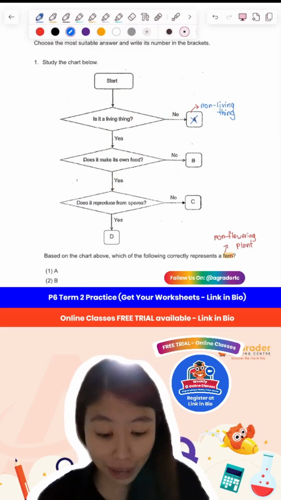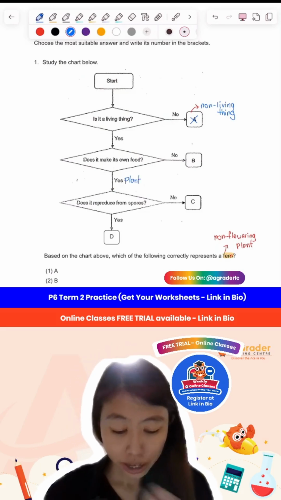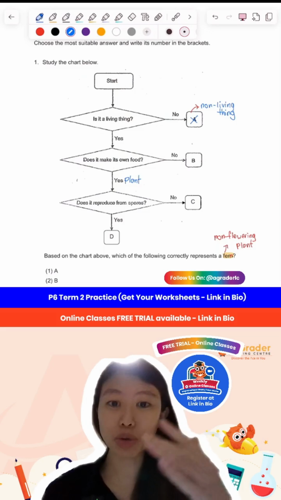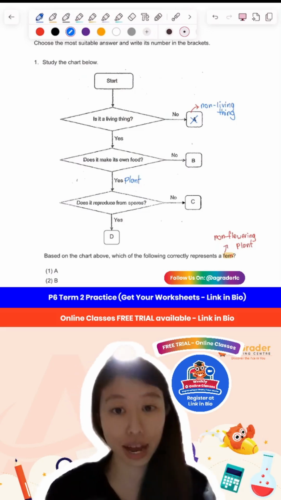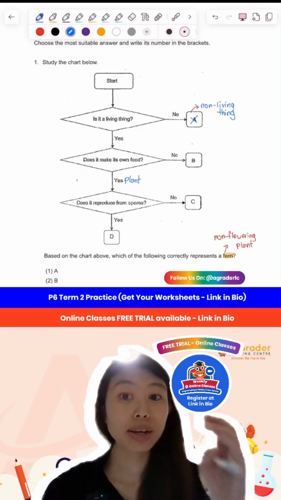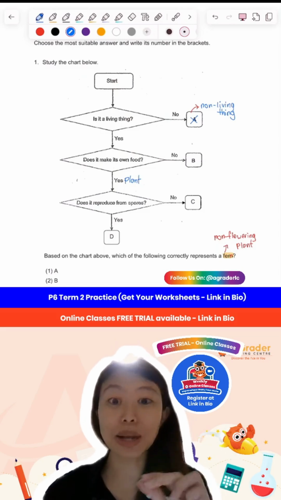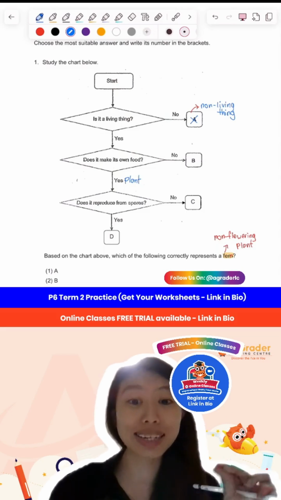Yes, only plants make their own food. If it does not make its own food, it will be other groups like animals, fungi, bacteria. If it makes its own food, it's a plant only. You wouldn't know yet whether it's a flowering or non-flowering plant.